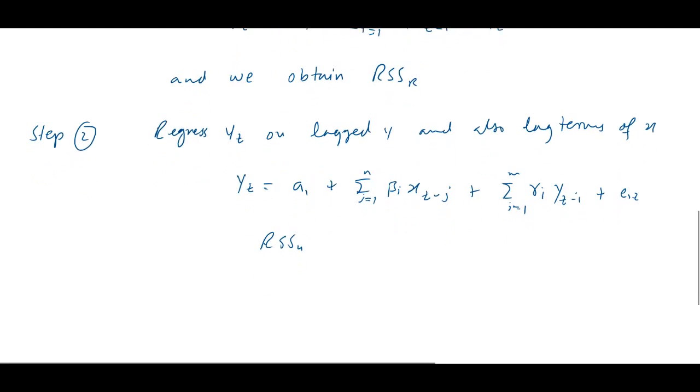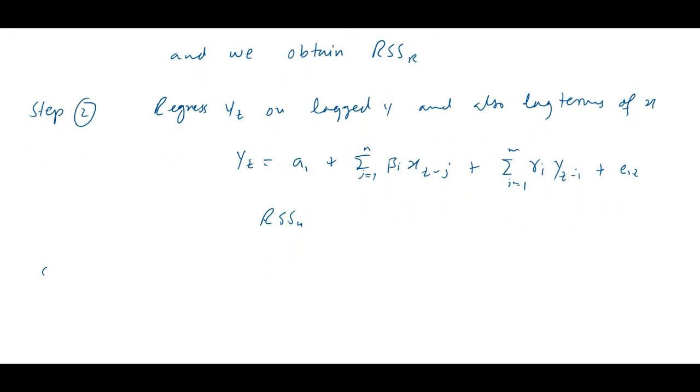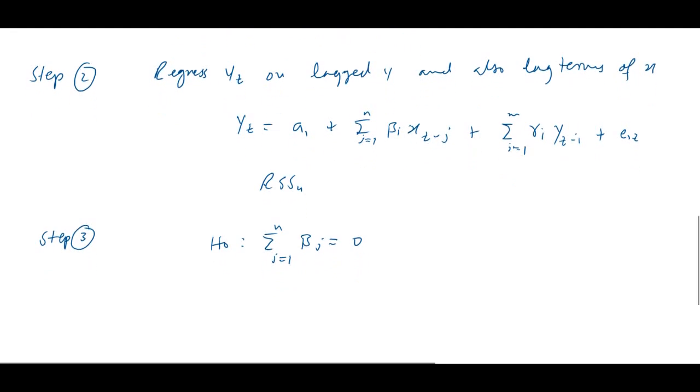Now we set the null hypothesis in step 3. Our null hypothesis is H naught: summation j is equal to 1 to n beta j equals 0, and if it equals 0, then it means that xt does not cause yt.